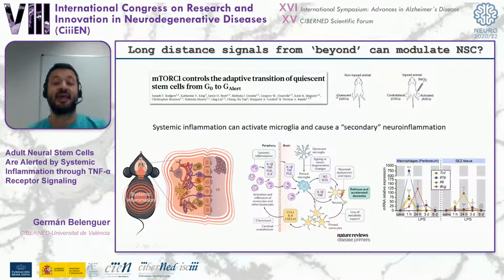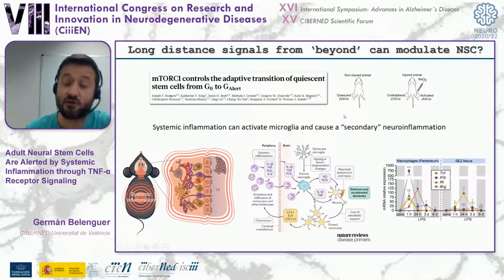Additionally, there is increasing evidence that stem cells in other systems sense injuries in other parts of the body, as has been described for the muscle and the hematopoietic system. For example, if you injure one muscle on one side, on the other side the resident stem cells respond to this injury and are primed for activation.